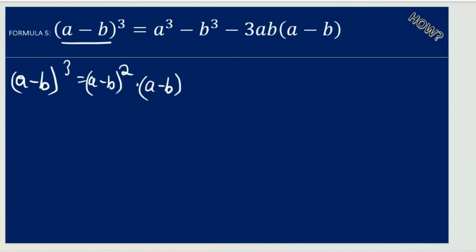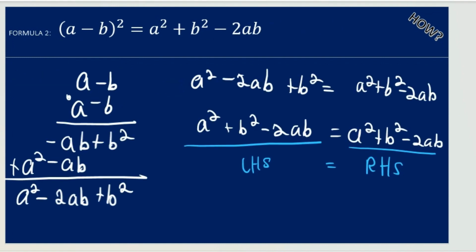So now let's actually multiply. So technically first to multiply. So we know that formula number 2 is basically a minus b whole square, which is over here. So a minus b whole square is going to be a squared plus b squared minus 2ab.